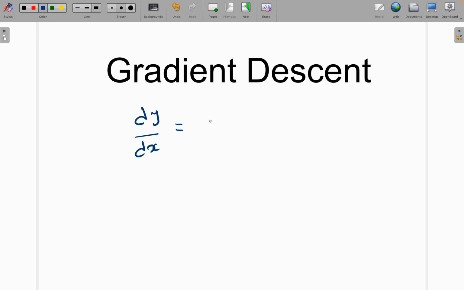It says how much our y will change according to the change in x. So we can write this as the rate of change in y with respect to x, because we are differentiating with respect to x, dy by dx, right?